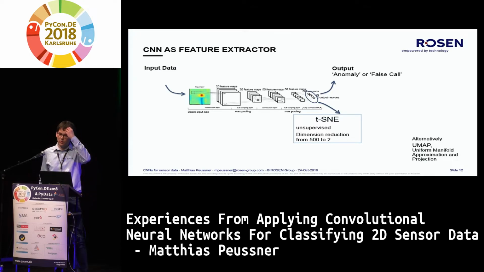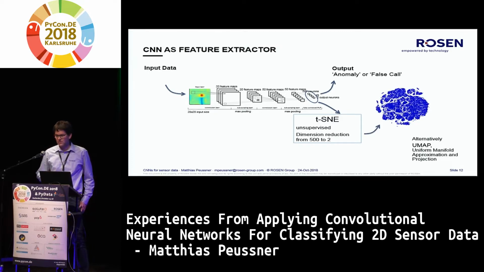It's unsupervised, so the t-SNE algorithm doesn't get any label. In this case, it reduces the dimension from 500 to just 2 dimensions, so I can plot all my test patches on a plane. And this looks typically like this.